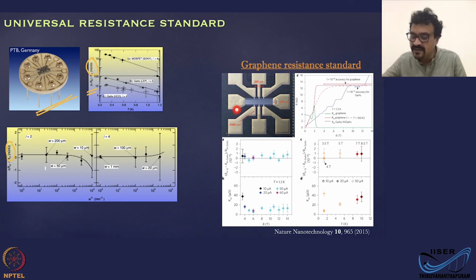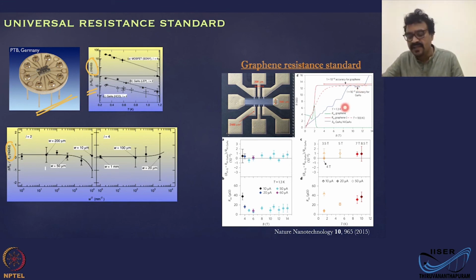This is one of the devices, and they have measured the error in this resistance for the graphene-based sample and compared it with that for gallium arsenide. This is basically graphene resistance minus gallium arsenide resistance, standardized over the gallium arsenide resistance plateau. These are the plateaus observed in graphene, and they found that its accuracy is at the 9th place after the decimal.